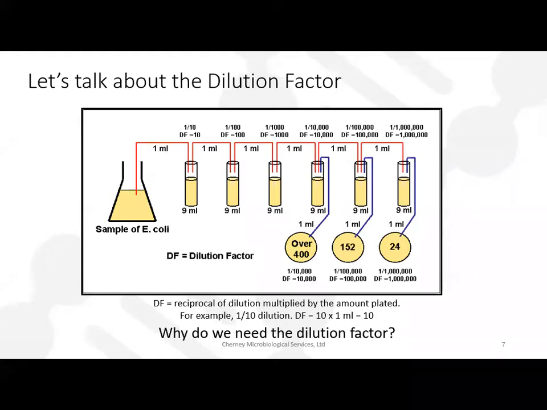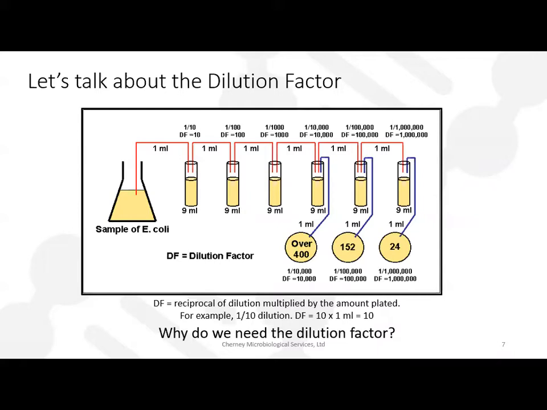If you're always taking out a mil, it's very straightforward to know what your dilution factor is. Where it changes is if you're plating something other than 1 mil. Let's say, for example, the very last one, the 1 to 1 million dilution that yields you 24 CFU on the plate. Instead of plating 1 mil, what if we plated 0.1 mil?